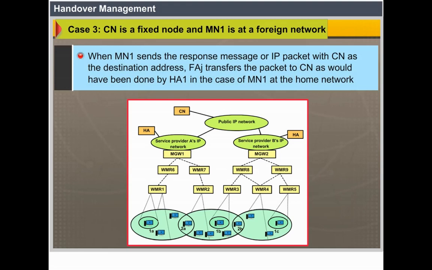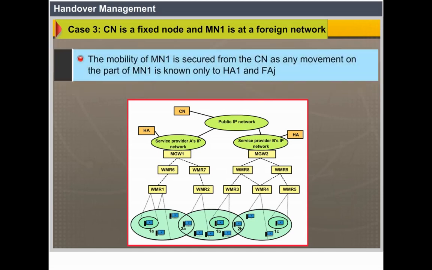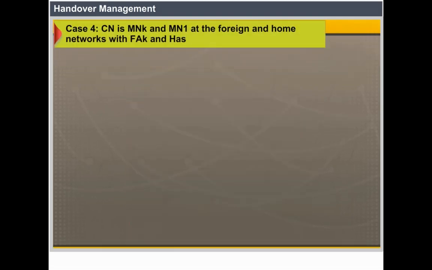When MNI sends the response message or IP packet with CN as the destination address, FAJ transfers the packet to CN as would have been done by HAI in case the MNI is at the home network. The mobility of MNI is secured from the CN as any movement on the part of MNI is known only to HAI and FAJ.